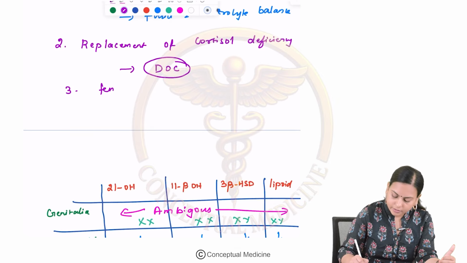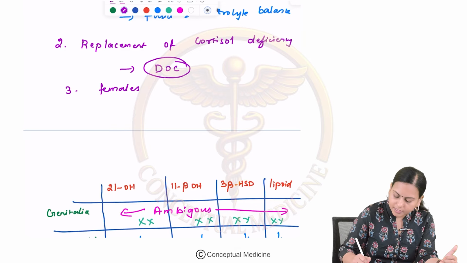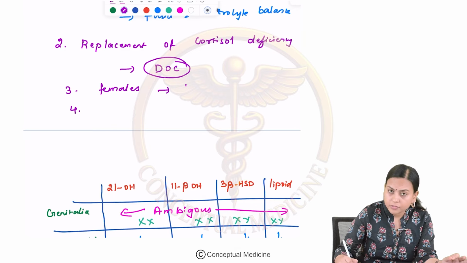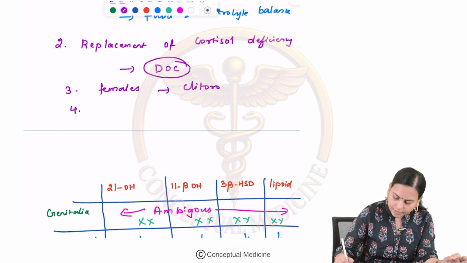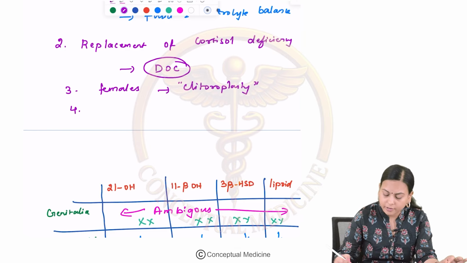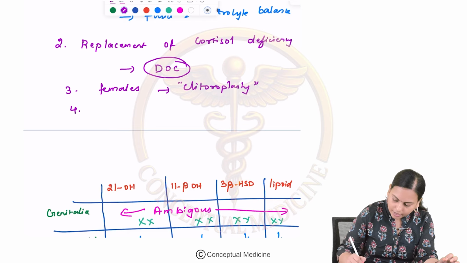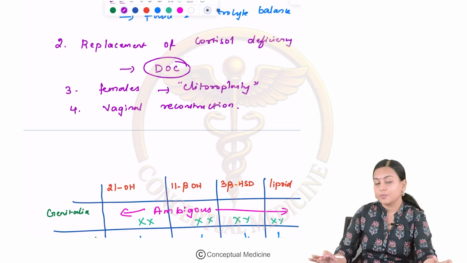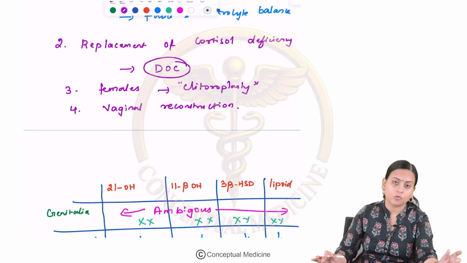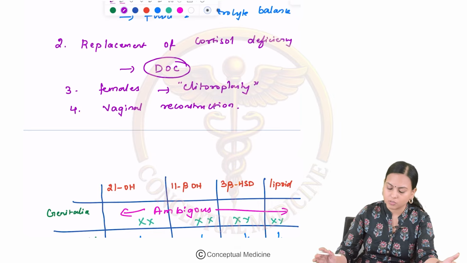They are usually reared as females. So, you have to offer them clitoroplasty if they have an enlarged clitoris, and also vaginal reconstruction can be offered. So, in these women, menstruation occurs, so coitus is possible and pregnancy is also possible.